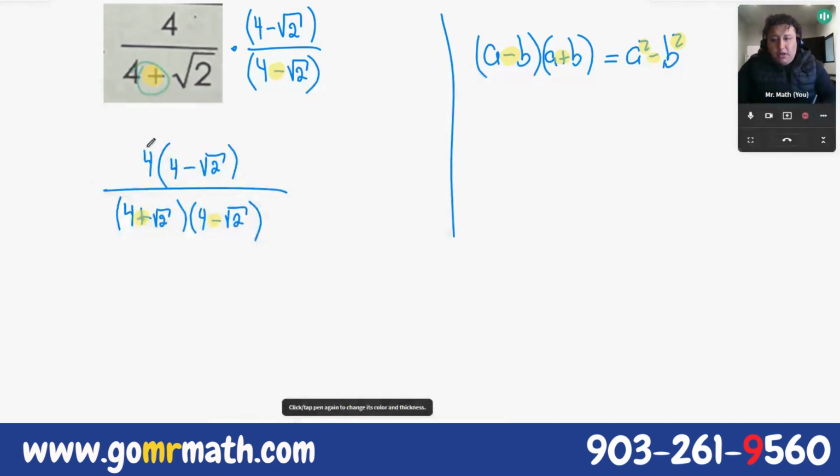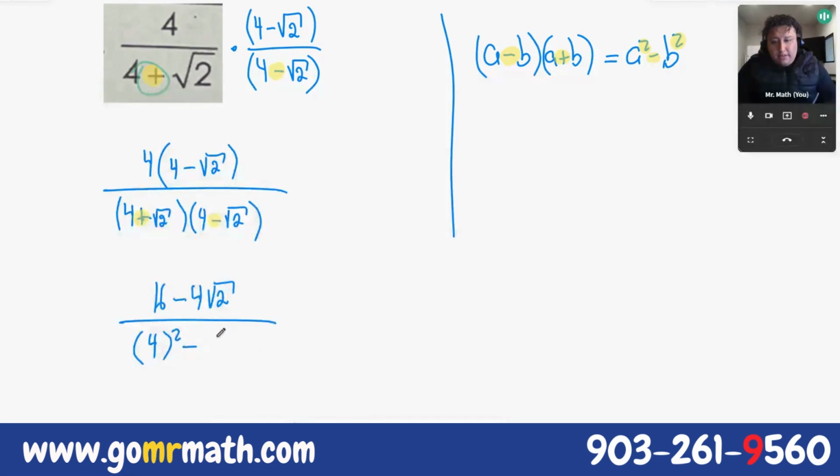So the numerator: 4 times 4 is 16 minus 4 root of 2. Now the denominator: we have the first term squared minus root of 2 squared. According to the definition, we're multiplying two terms that are being added times the same two terms being subtracted. 4 squared is 16, minus root of 2 squared, which is just 2.